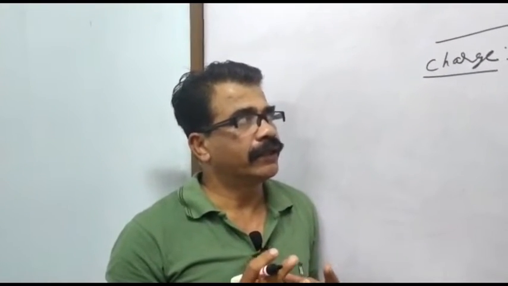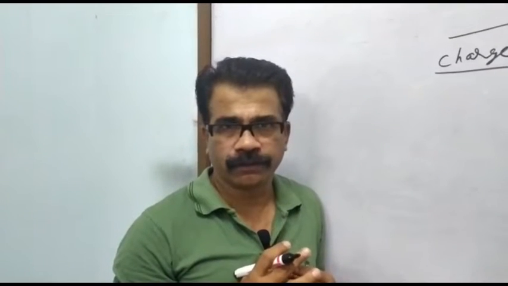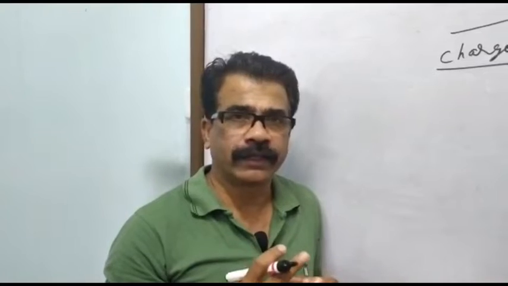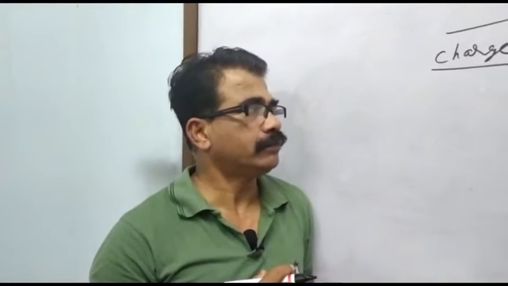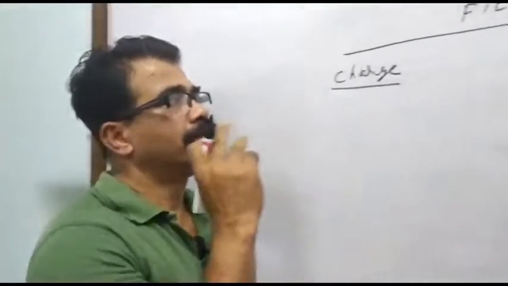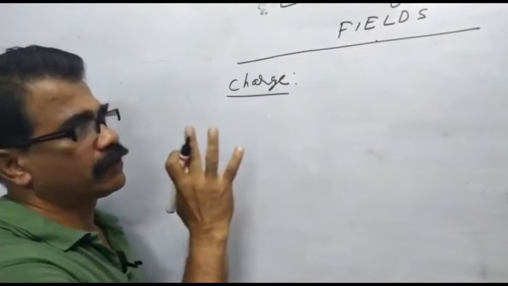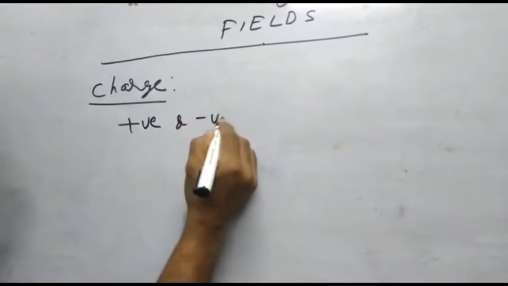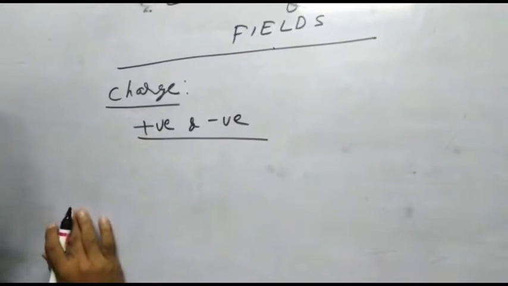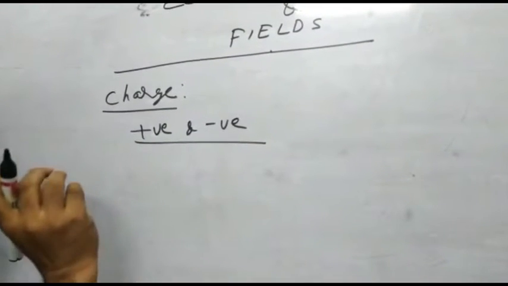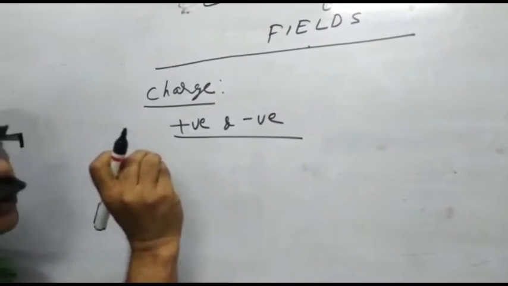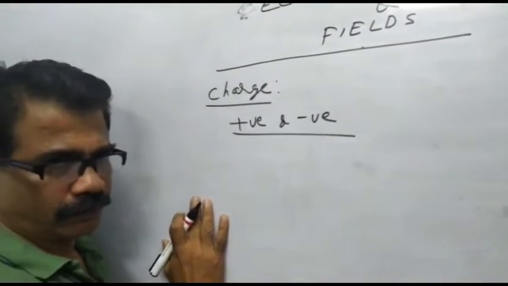Charge is an intrinsic property of matter which creates electric force of attraction or repulsion. And also you know that there are two types of charges, positive and negative charges, and these positive and negative charges exert forces on each other.